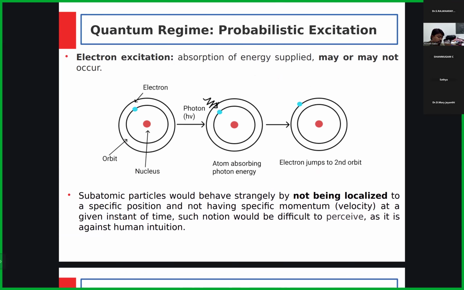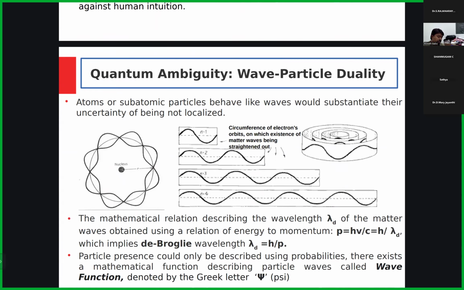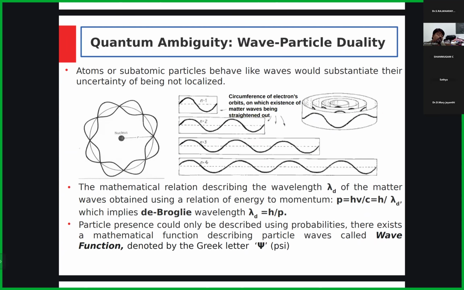To understand that, people started using the wave nature, because if I create a wave by adding a disturbance, that wave exists everywhere. It is not located in one location. It shows its presence everywhere by distributing the disturbance in the form of ripples.